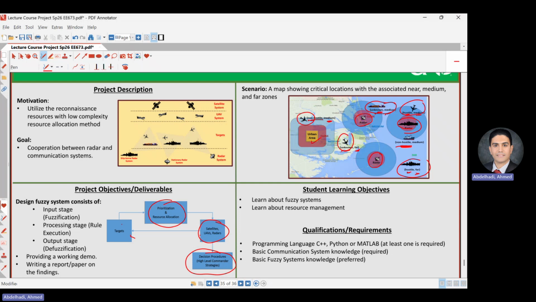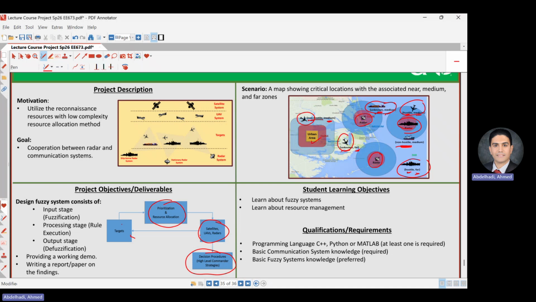So if you have these resources, how do you build a system that can make quick decisions with low complexity, and at the same time be sufficient for what your mission is? It doesn't have to be a very accurate, mathematically driven optimization problem, but it can still do the job with even lower computation.